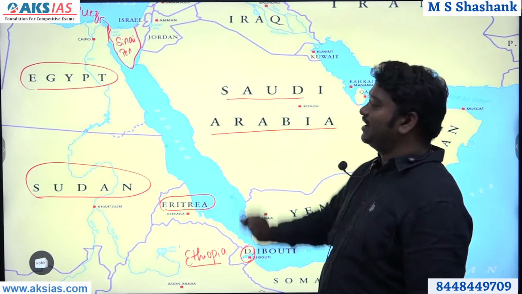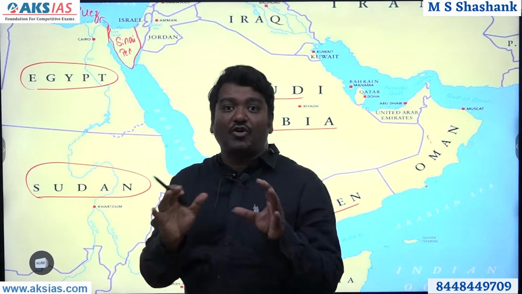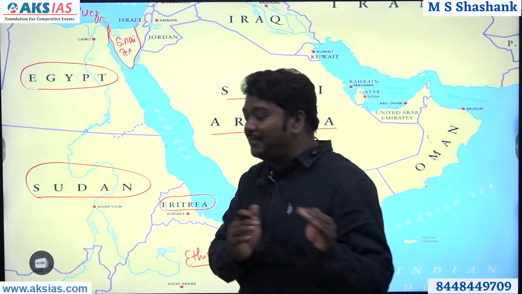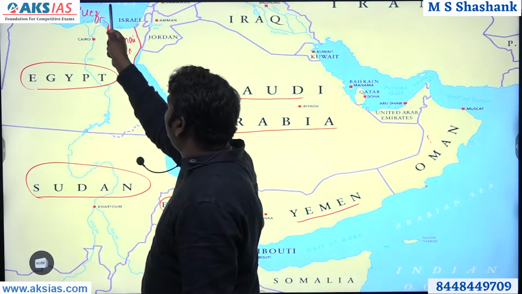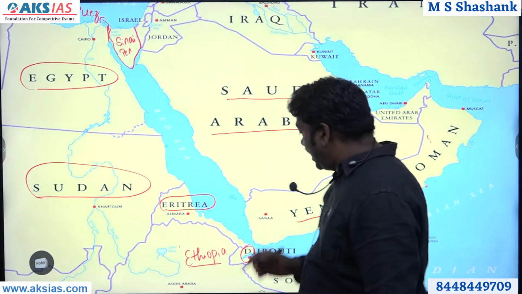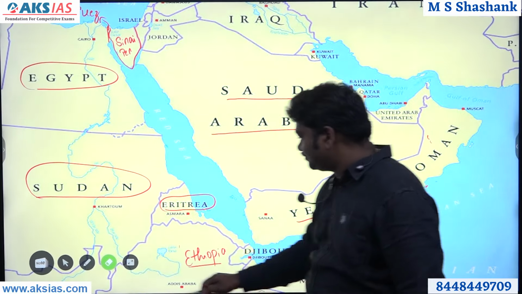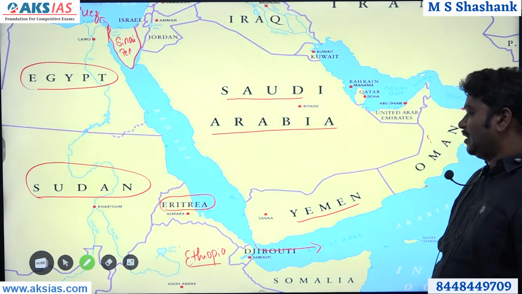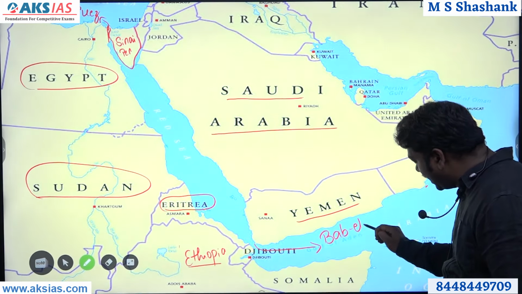Suez Canal is completely part of Egypt and it connects Mediterranean Sea with Red Sea. I repeat, it connects Mediterranean Sea with Red Sea. And if you check this particular part, this particular one is called Strait of Bab el Mandab.